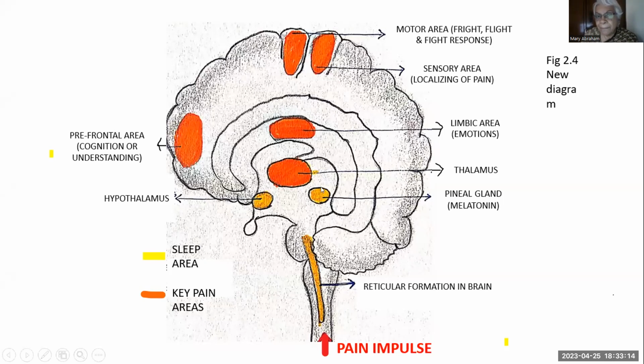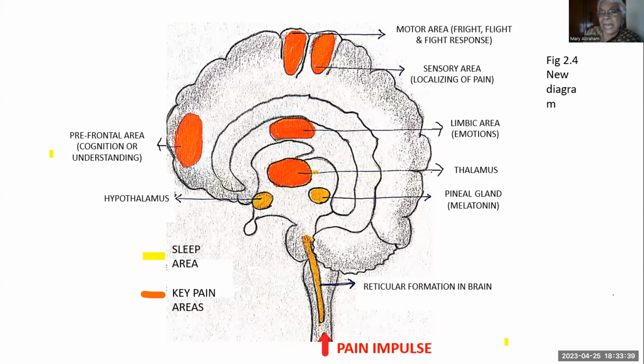It can affect the pineal gland and cause sleep disturbances. It can affect the hypothalamus and cause all the reactions to pain, like the fight and flight mechanisms. So it's not a simple thing that it only goes to one area. It goes to multiple areas in the brain, and that's called a network of pain.